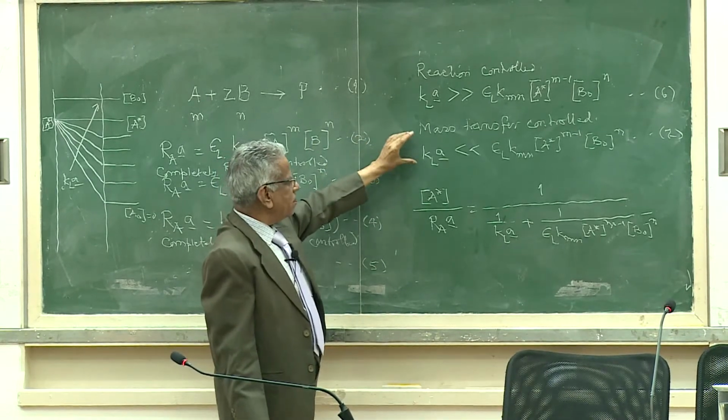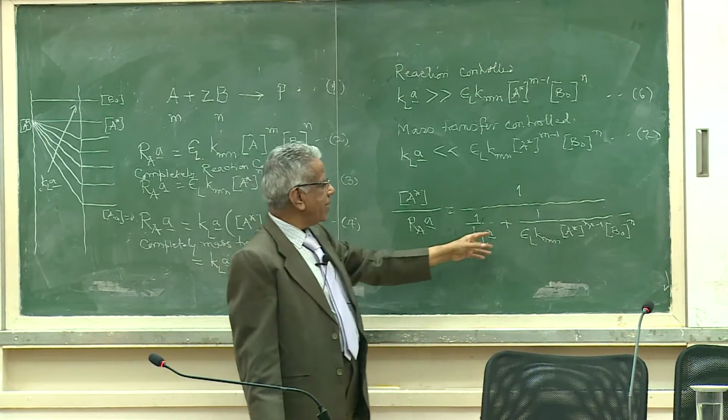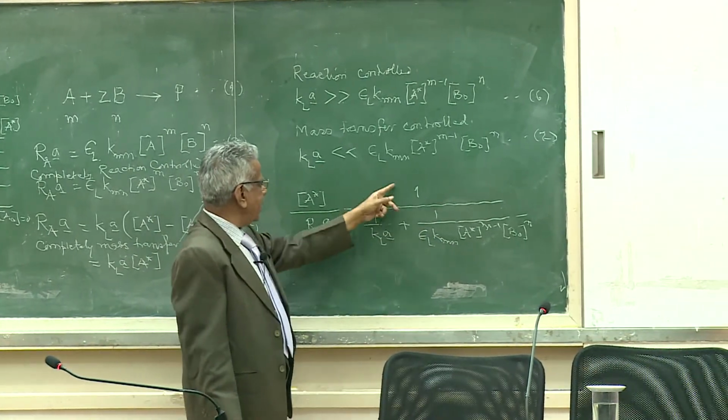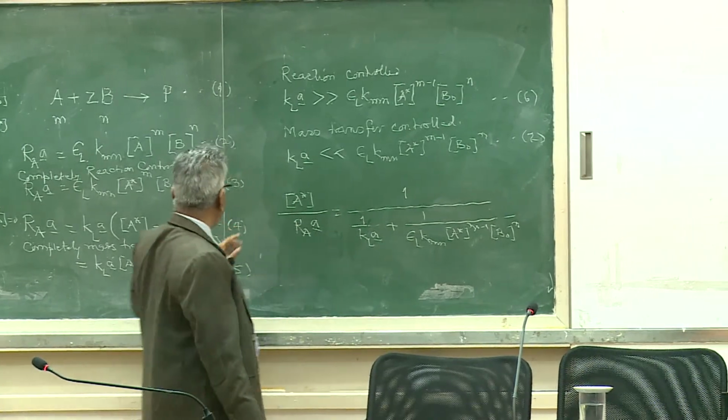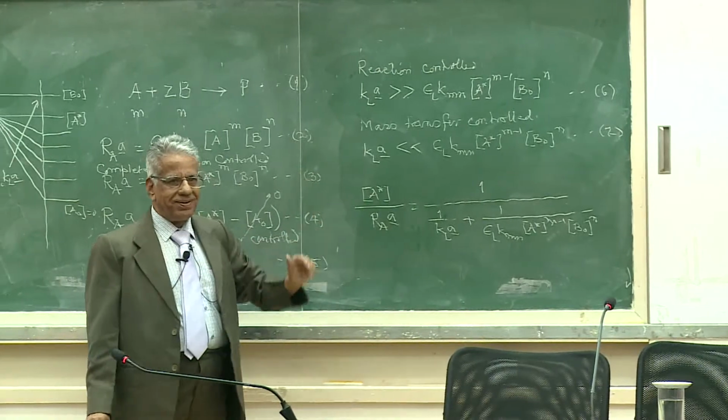If KLA is much less than this, 1 upon KLA is definitely much greater and this is negligible, and RAA is equal to KLA into A star, that is equation 5, and it is mass transfer controlled.